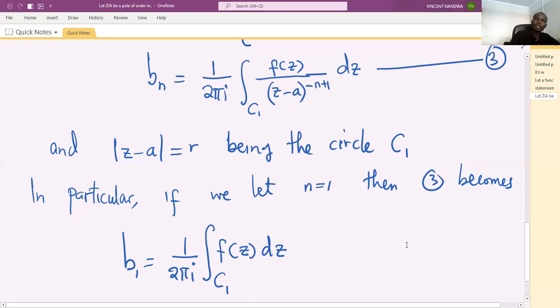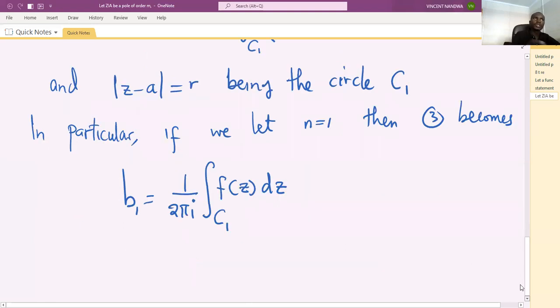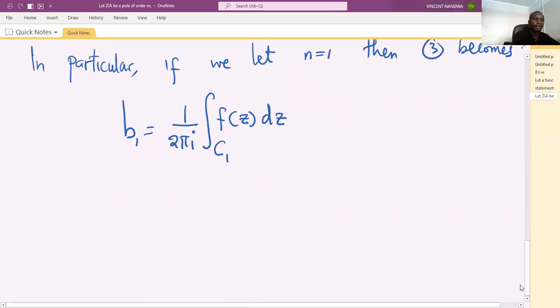Now once you get the coefficient b1, that is what we call the residue of the function f of z about the pole, or about the point z equals a.